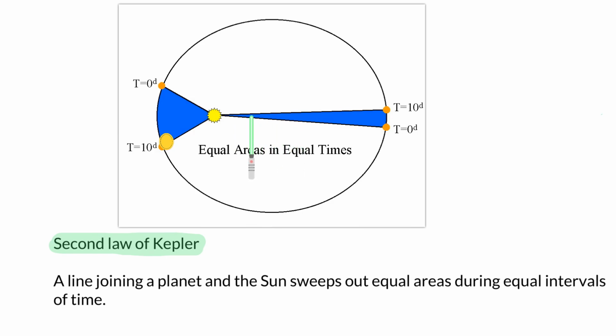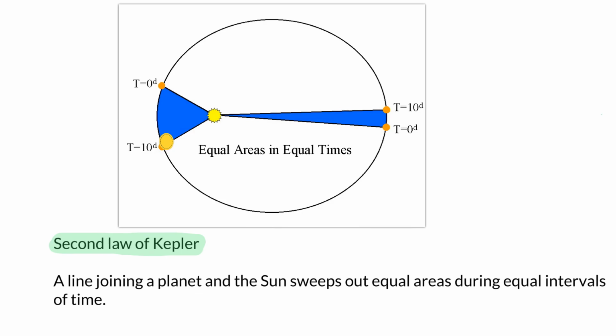Both sectorial areas are swept out in equal intervals of time, 10 days. Therefore both sectorial areas are equal. That is the statement of the second law of planetary motion, that of Kepler's.